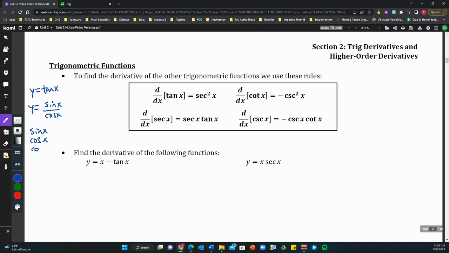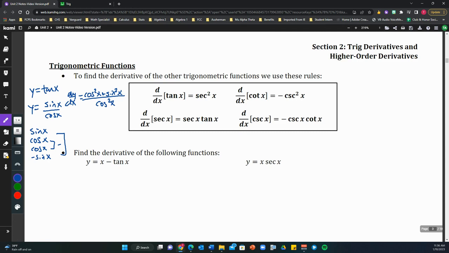When I do my insides minus my outsides, my dy/dx results in cosine squared minus, because we're subtracting this negative product, it becomes plus sine squared, all over the original denominator squared, which is cosine squared.